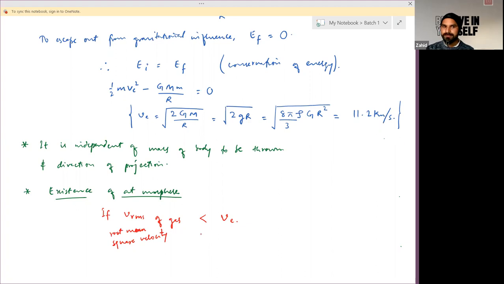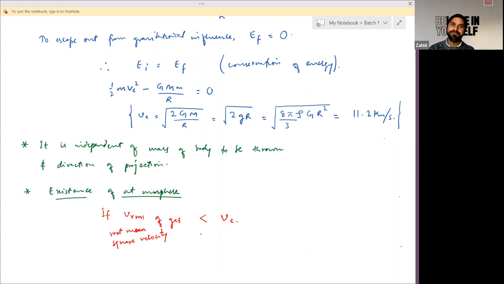Is it clear? Yes, sir. So for existence of atmosphere, there must be lesser RMS velocity of gas as compared to the escape velocity of that surface. That's why there is no atmosphere on the surface of the Moon, and almost all gases exist on the surface of Jupiter.